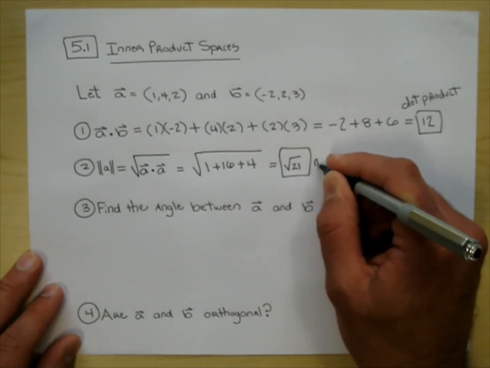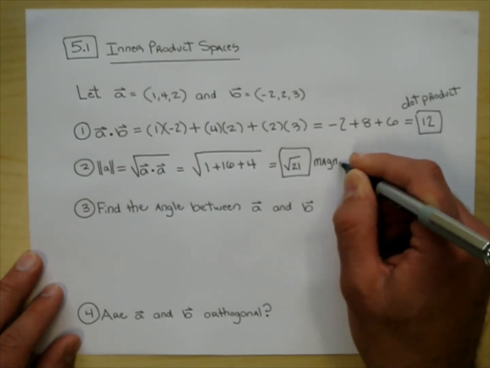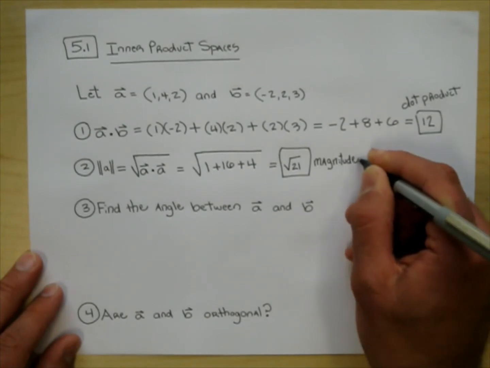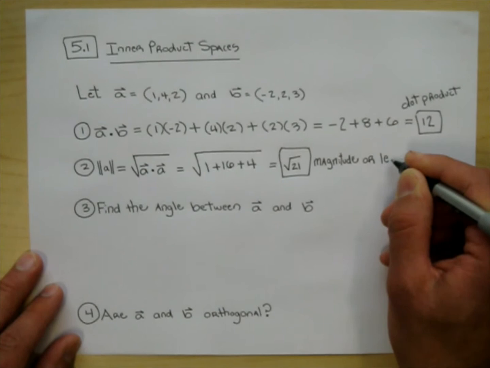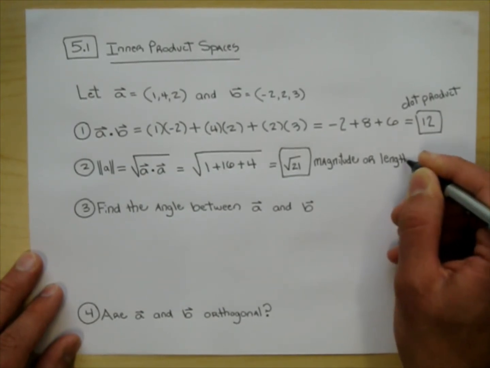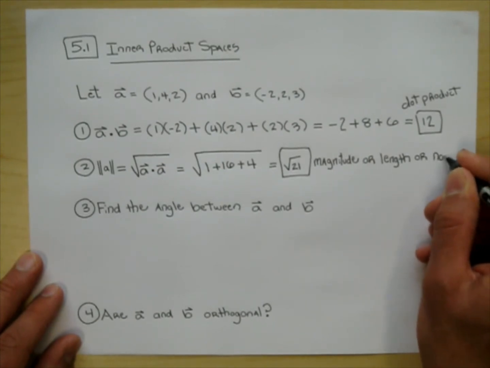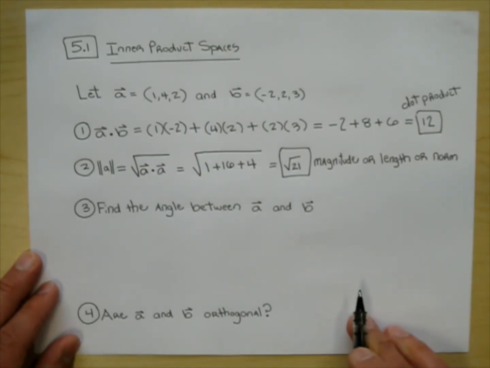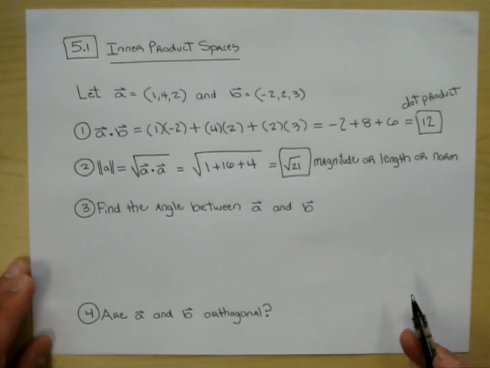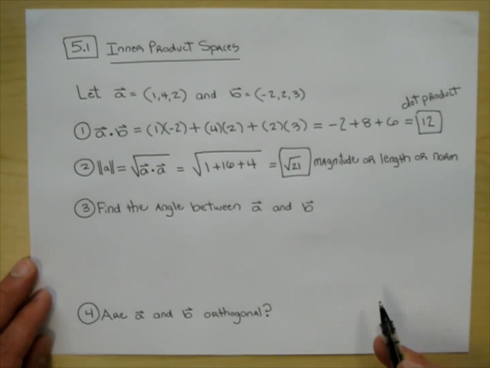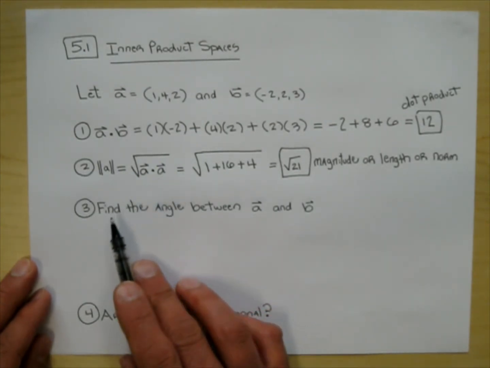This is called the magnitude. It has other names, the length, or you can call it the norm. That's how you find the length of a vector in R3, and this also applies to R2 and R17.